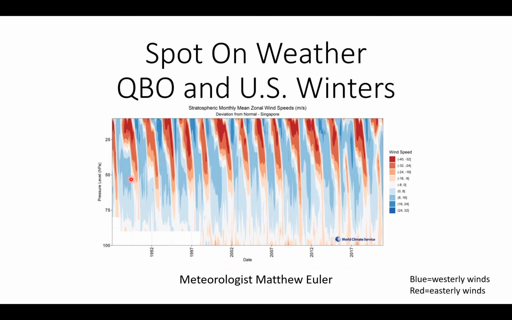So you notice if you just were looking at the color scheme here of this chart, this is the QBO, and it varies from a westerly regime where you see the blue coloring, and then the easterly wind regime in the stratosphere above the equator. That's that maroon shading.